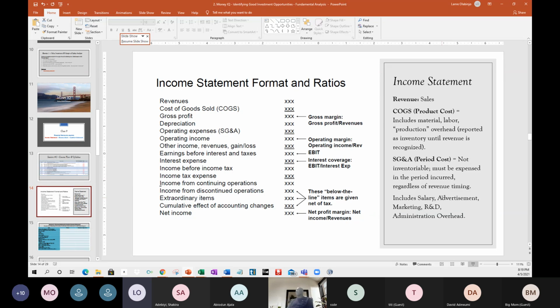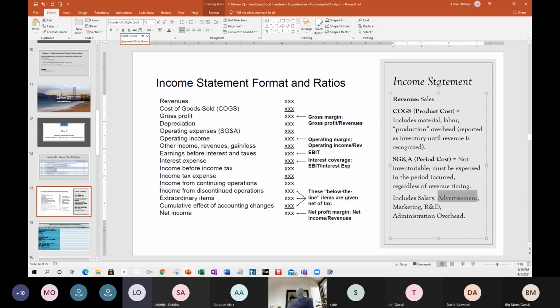Things like if you did some advertisement, for example, to be able to sell that product. You can't keep it and say, when I sell this thing, then I will recognize it. You've already spent that money on advertising. It's gone. So you need to recognize it in your financials.